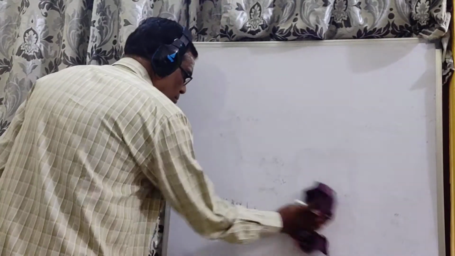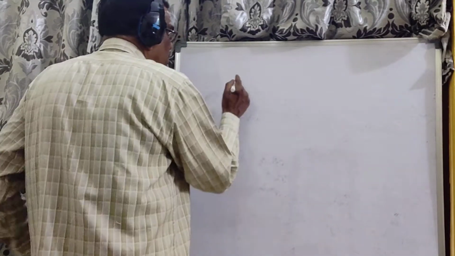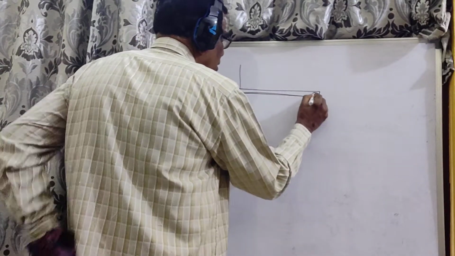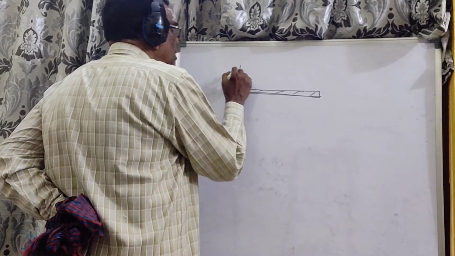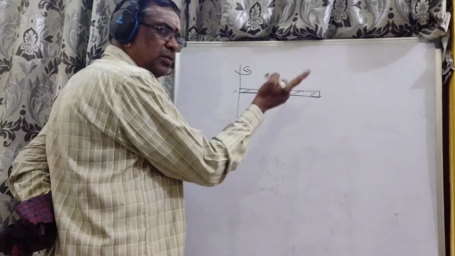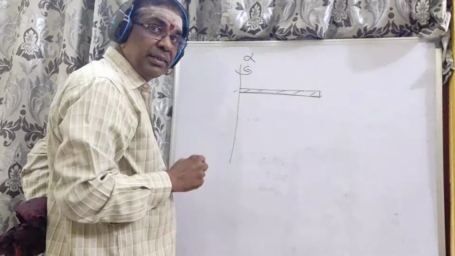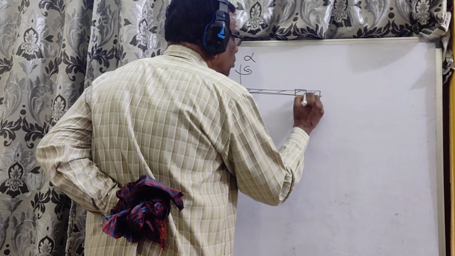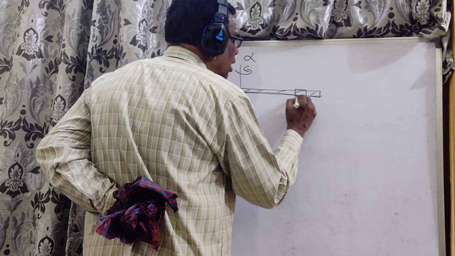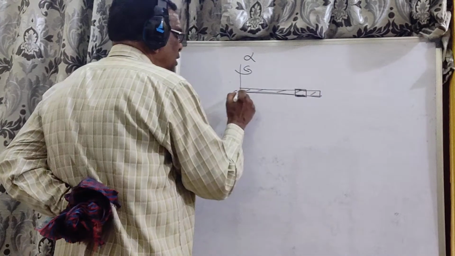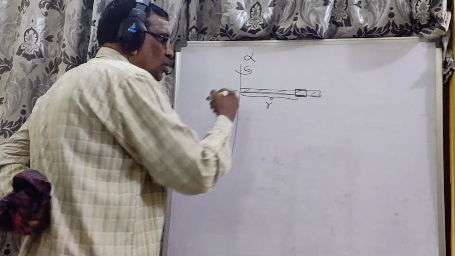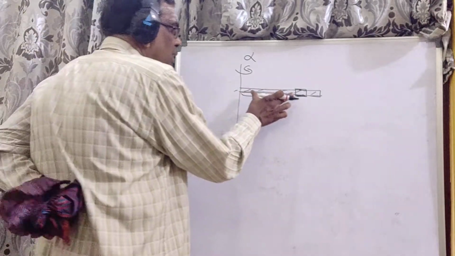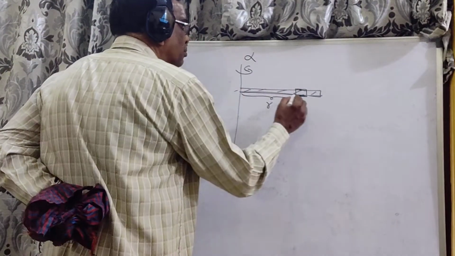Now, based on this concept only, I would take a rod, and I am now subjecting it to an angular acceleration alpha. Here, a small hollow cylinder, I have put it into this. So it is at a distance equal to r.